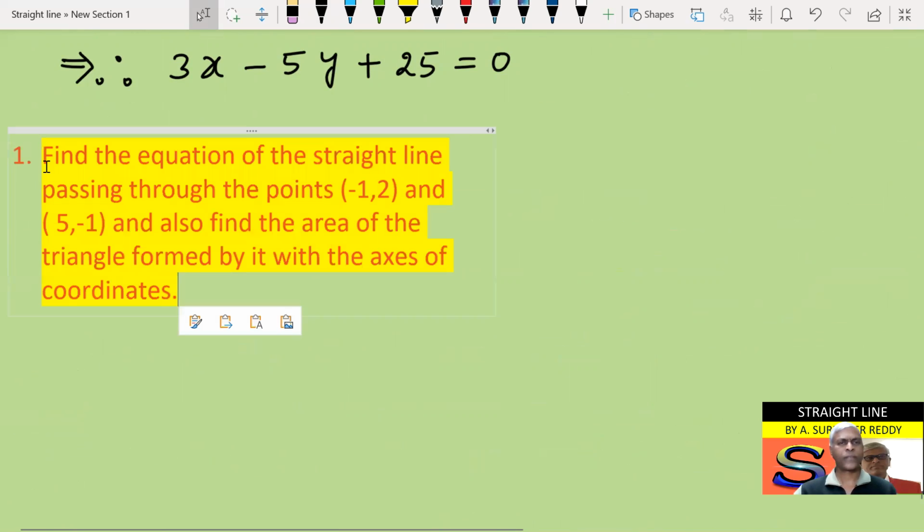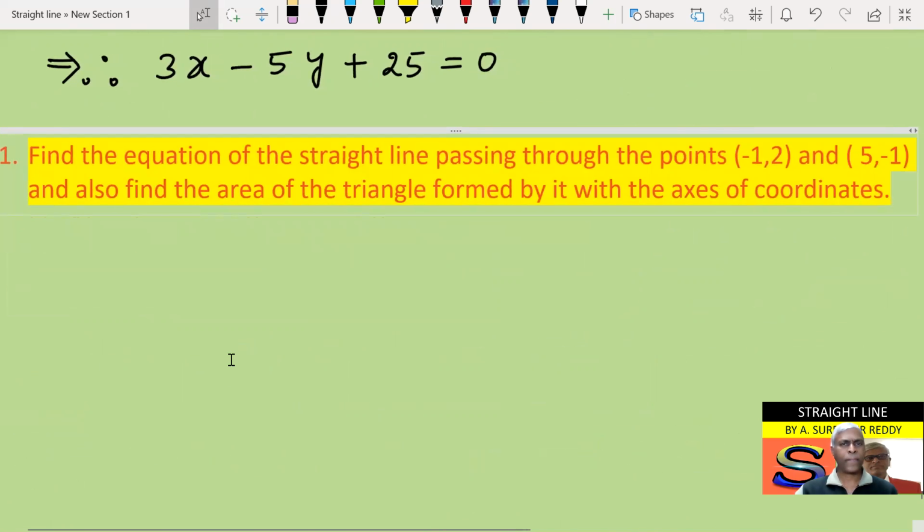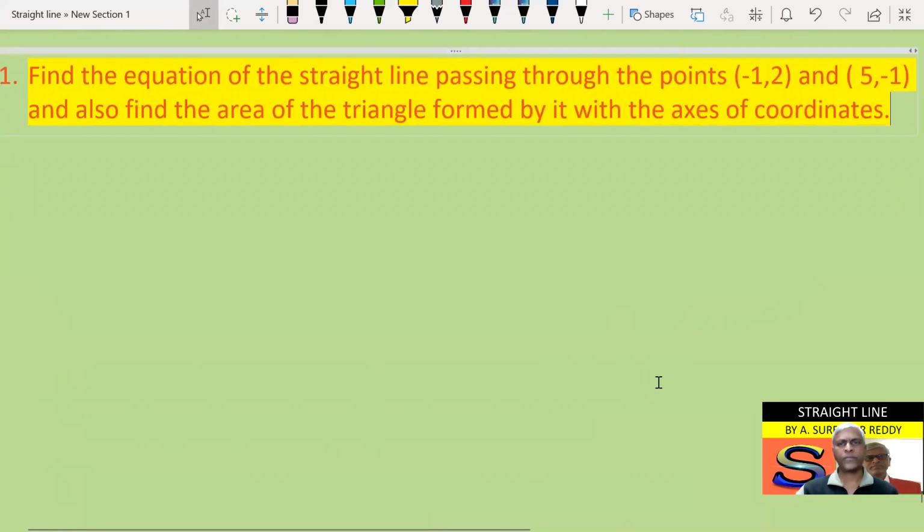Then, find the area. Already, we did similar problems in previous classes. And also, we know how to find area of a triangle formed by the line with coordinate axis.